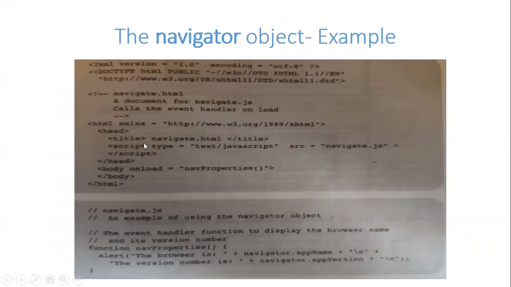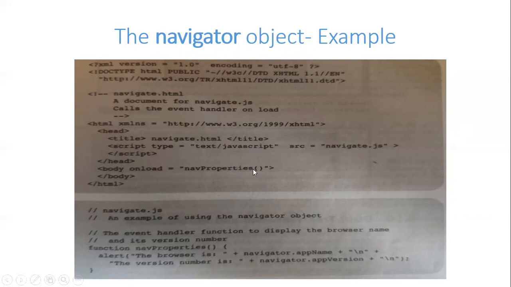A very simple example. We have included the HTML file, navigator.html. We have included a JavaScript, the name of the JavaScript is navigate.js, and there is a function called nav properties inside navigate.js. This is the navigate.js JavaScript file. The function nav properties is called when this HTML file is loaded, on load.